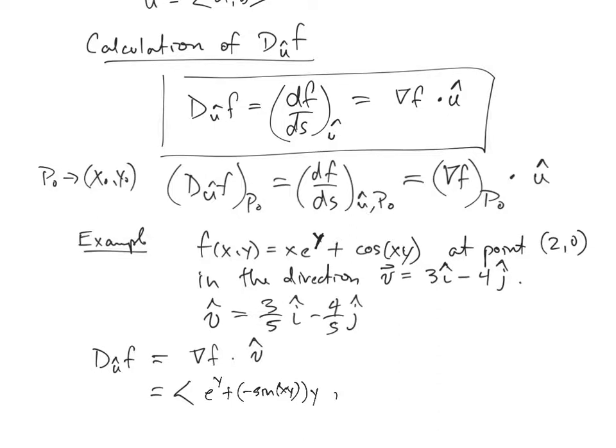And the partial derivative with respect to y is going to be x e to the y, and then for cos xy, again minus sine xy, times the derivative of what's inside with respect to y, which is just x. Dot 3/5, negative 4/5.